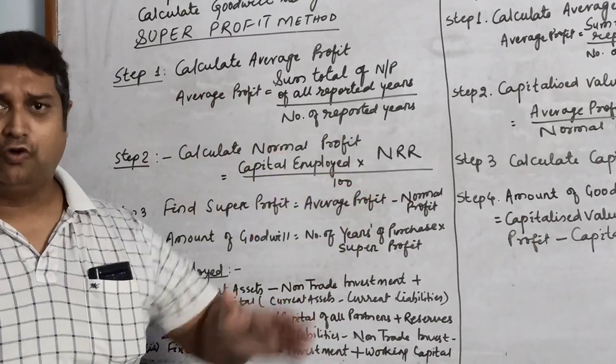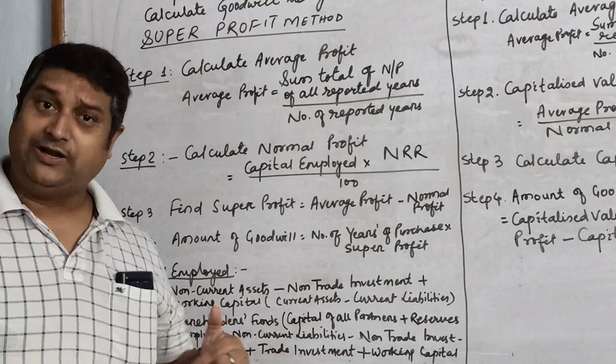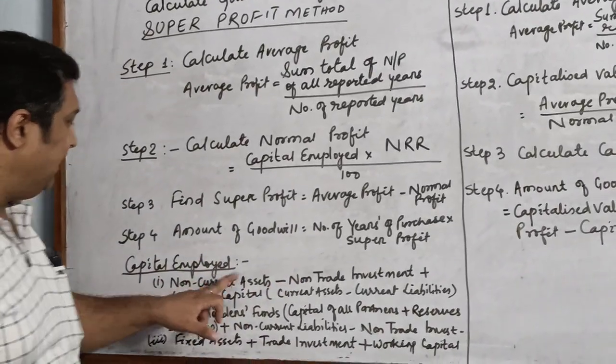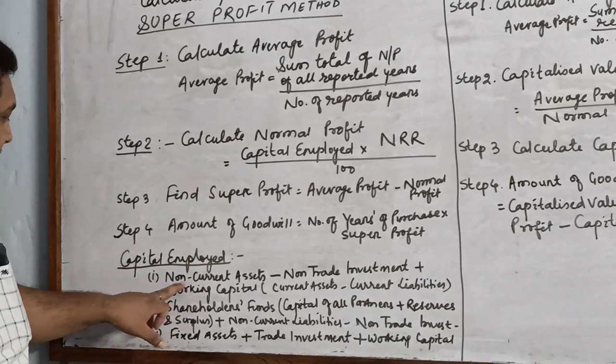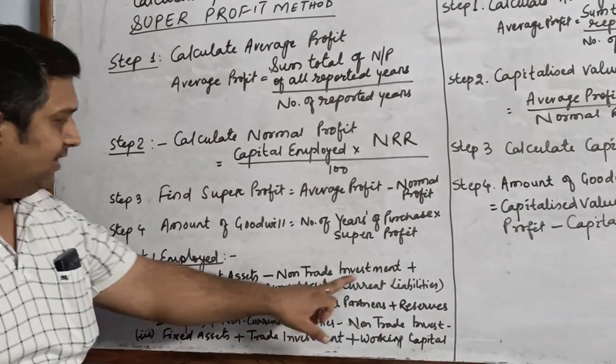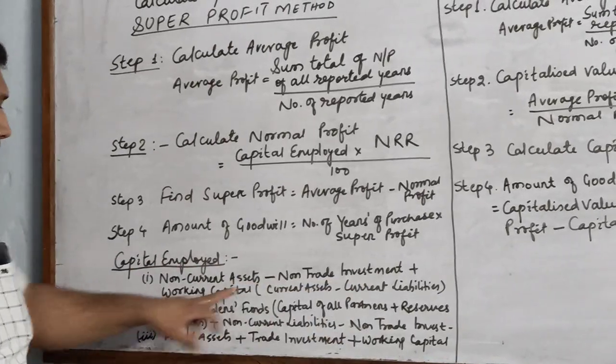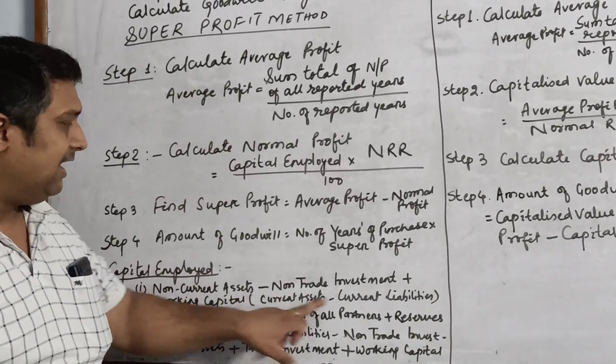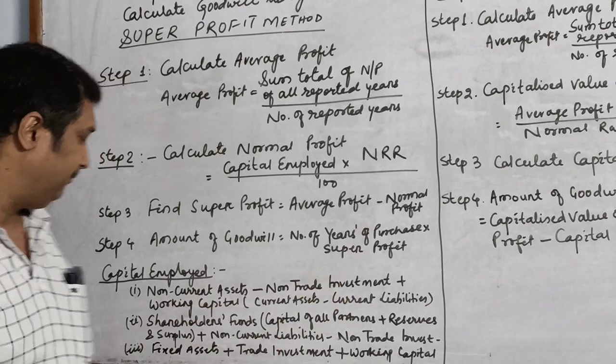That is called non-trade investment, which is not a part of your capital employed. So while calculating capital employed, we take non-current assets minus non-trade investment plus working capital. Working capital means current assets minus current liabilities.